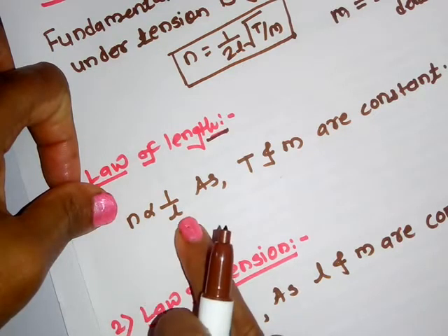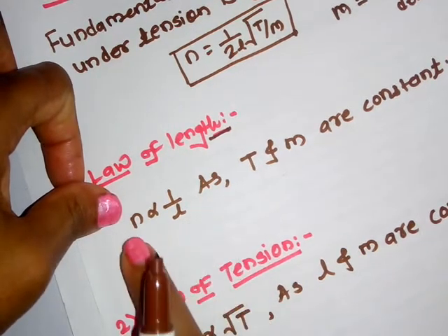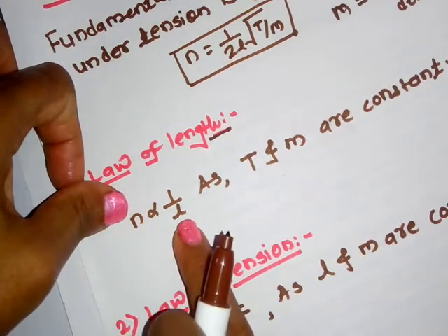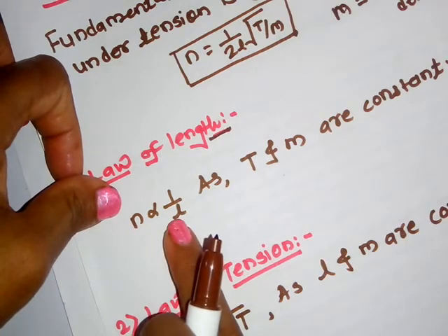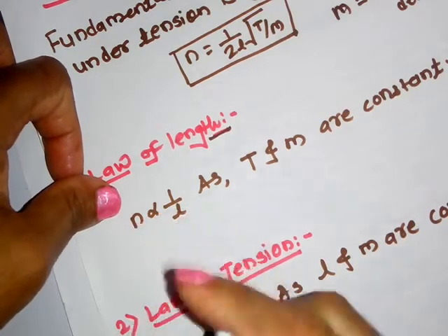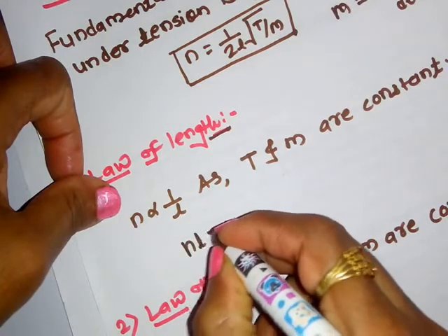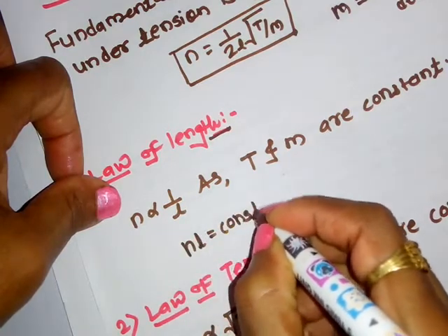Here n is inversely proportional to L, which means as n increases, L decreases; one value increases and the other decreases. Then this can be written as nL is equal to constant.